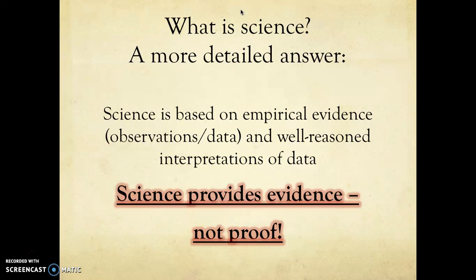So at one point in time, what we thought the atom was, for example, that changed over time because as better technology developed, we had a greater ability to get new evidence.